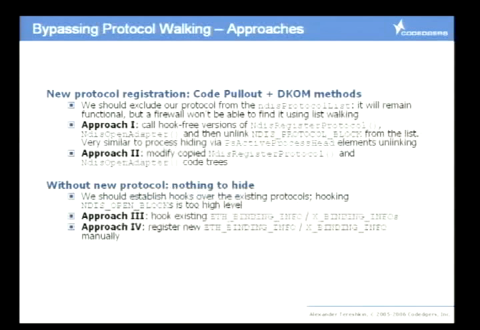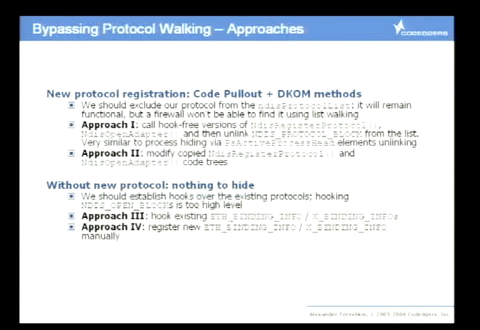There are 4 approaches to bypass firewalls that use protocol walking techniques. These approaches are targeted to somehow cheat the firewall and register a protocol that will not be present in this list, the protocol list head.